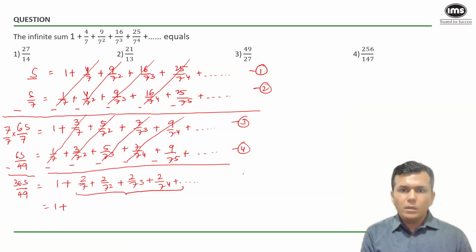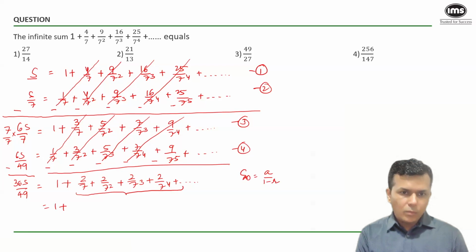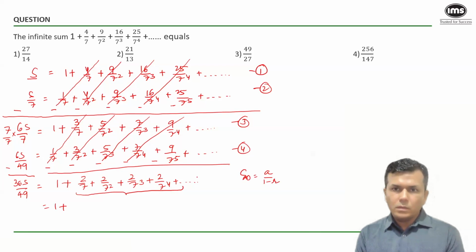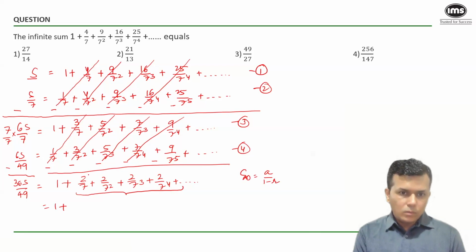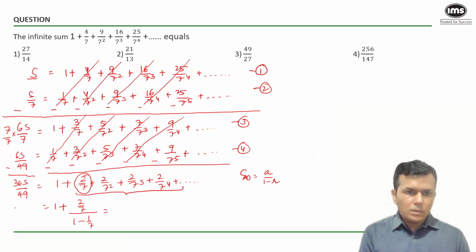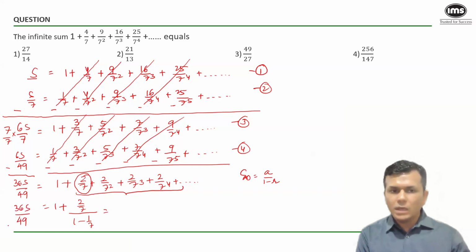So using the formula, S infinite equal to A by 1 minus R, where A is the first term, obviously among these terms of S infinite, right? So this is going to be 2 by 7 as the first term upon 1 minus, what is the ratio of this infinite GP? It is 1 by 7. So this is the value of 36S upon 49, which is what we have on the left side.